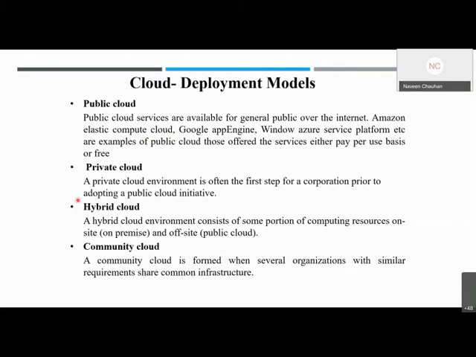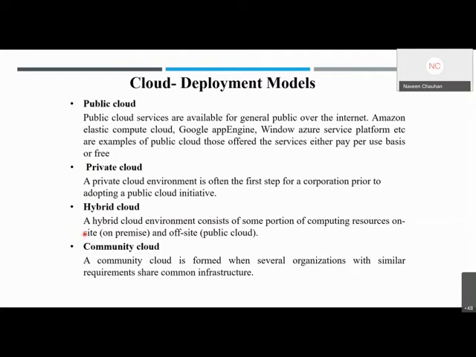When we are talking about the private cloud, we are talking about an enterprise cloud, a cloud specifically designed or procured by some corporation or enterprise. This private cloud environment is often the first step for a corporation prior to adopting a public cloud initiative.